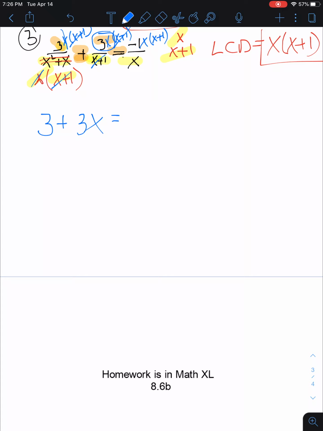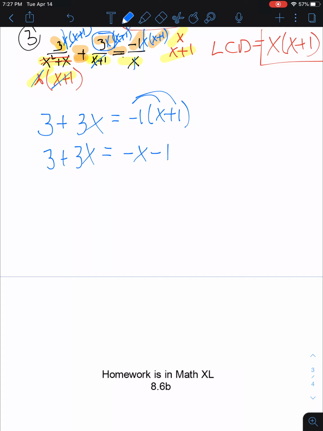And then on the last one, the x's cancel, and I'm going to be left with negative 1 times x plus 1. Do not lose track of that negative 1, x plus 1. If you distribute a negative 1, that's going to give you a negative x and a minus 1. Plus on this side, then I've got 3 plus 3x.